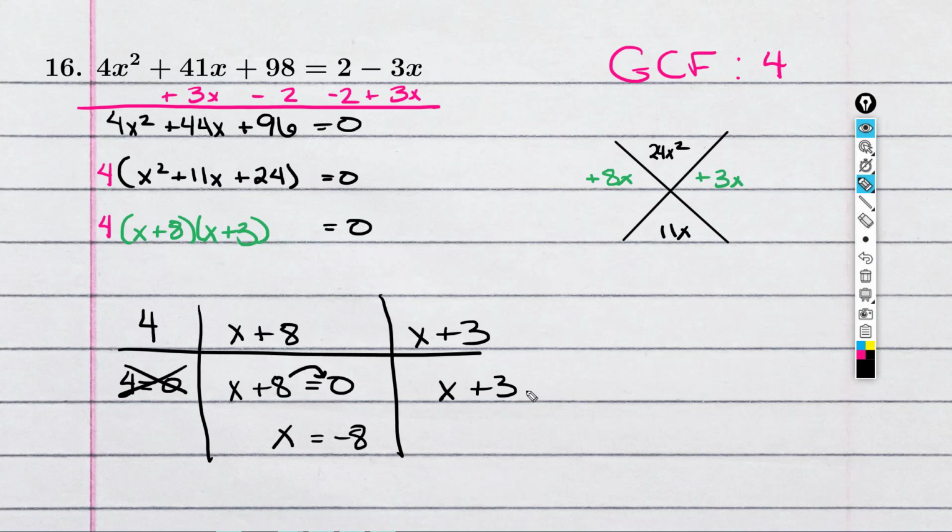X plus 3 equals 0. We got 3 to join the 0, cross that equal sign, means that we have x is equal to negative 3. So my answer is x equals the set. The first number that's in our set is negative 8, and second, it's negative 3. And that's your answer.